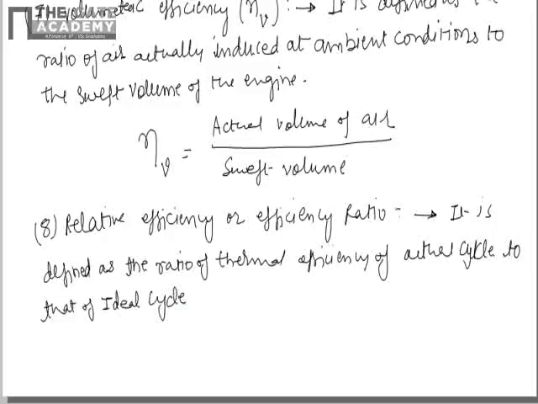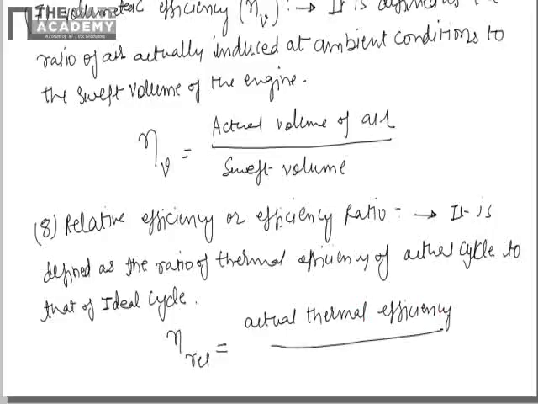So we are comparing the actual cycle thermal efficiency with the ideal cycle thermal efficiency. So I can write relative efficiency is the actual thermal efficiency divided by the air standard efficiency.